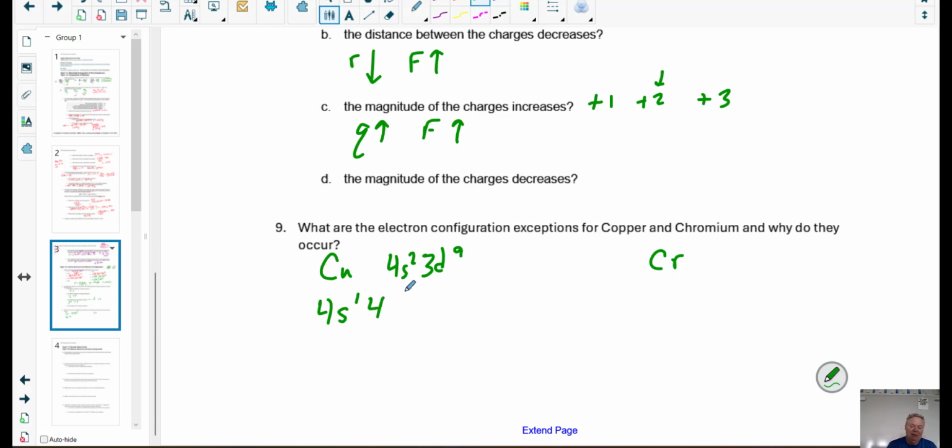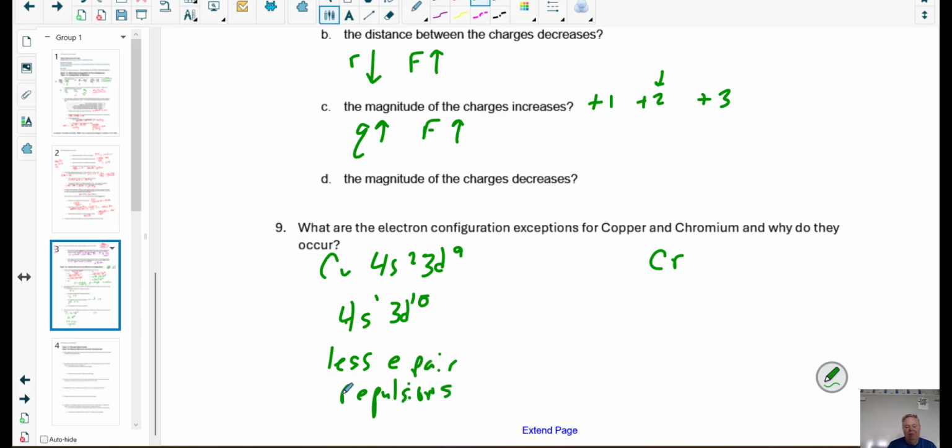So when we make it 4s1 3d10, we have fewer electron pair repulsions and therefore a more stable configuration. Fewer electron pair repulsions is going to make it more stable, and that's what creates those exceptions.